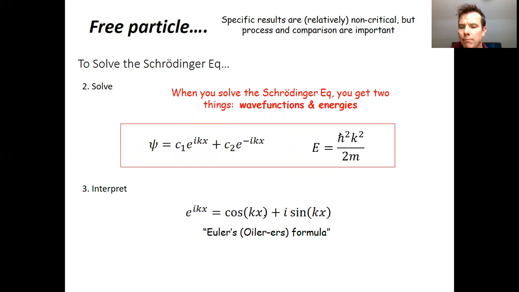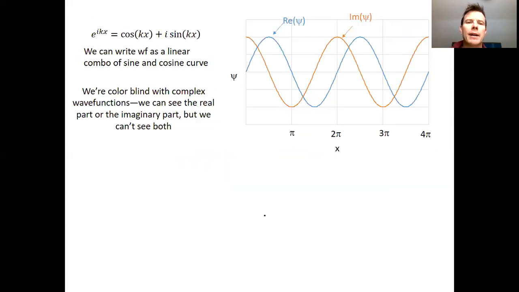But the reason this is important is because it suggests I can take my e to the ikx function and write it as a linear combination of sine and cosine curves. Right? So when you do this, this is called the real part of the function.